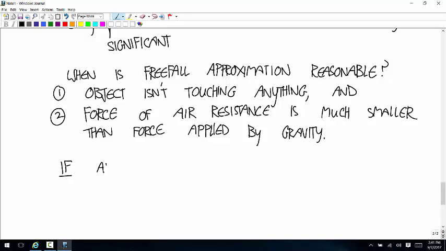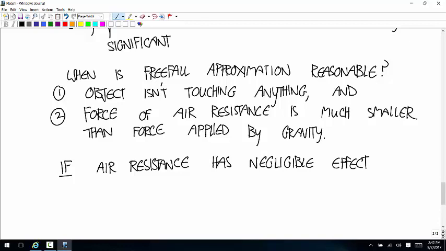If air resistance has a negligible effect on an object's motion, all objects fall with the exact same acceleration, no matter how big they are, what their mass is, and even independent of how fast they're moving.